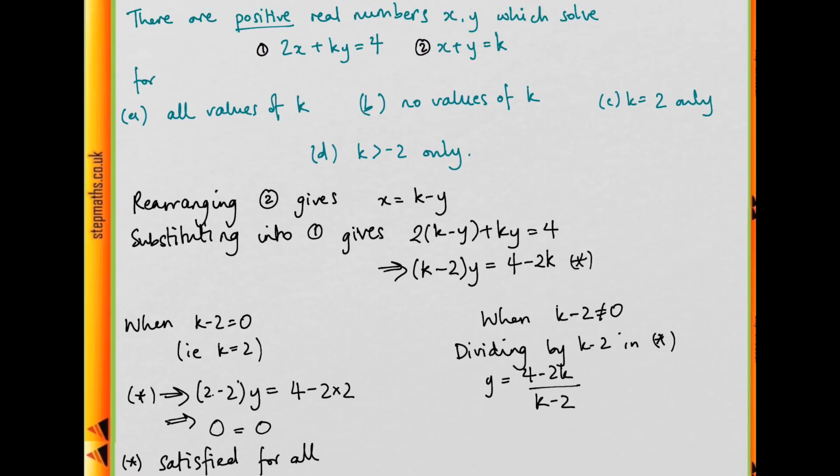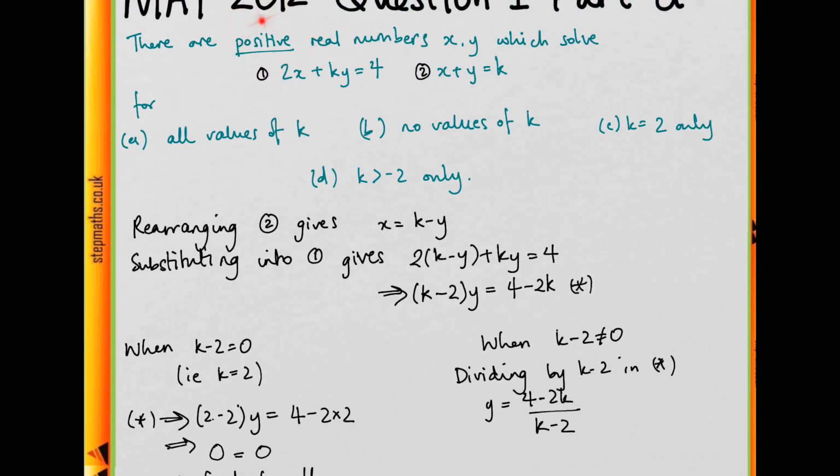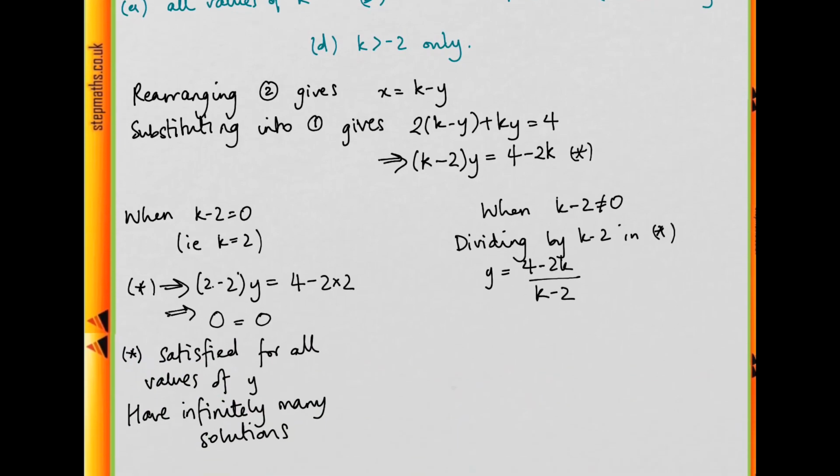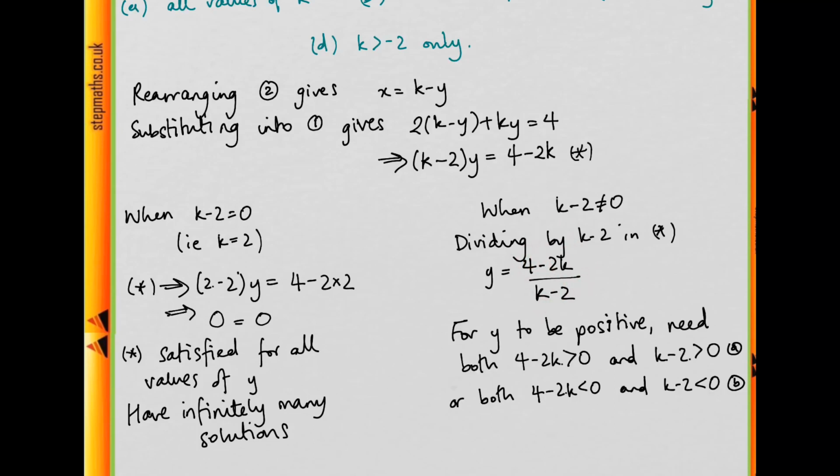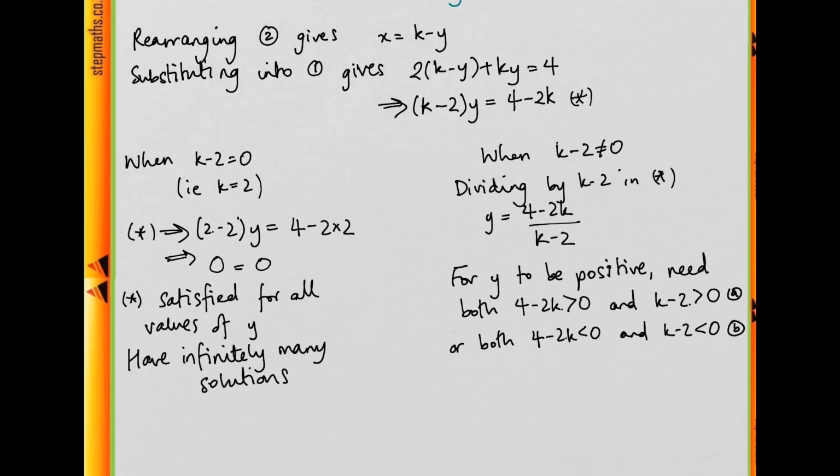Now, remember, we are looking for positive real numbers, right? So for y to be positive, we need both the top and the bottom to be positive, or both the top and the bottom to be negative. So we need 4 minus 2k to be greater than 0 and k minus 2 to be greater than 0, or both of them to be less than 0.